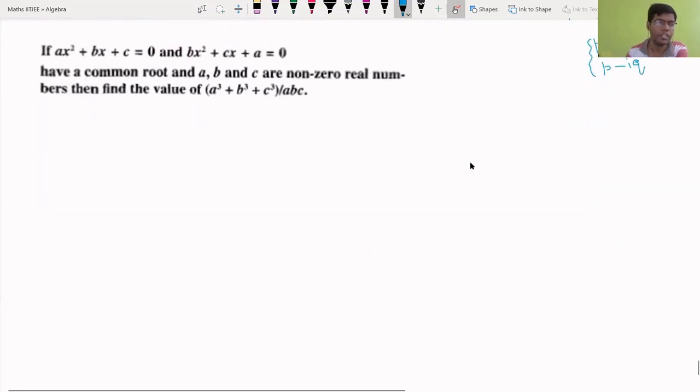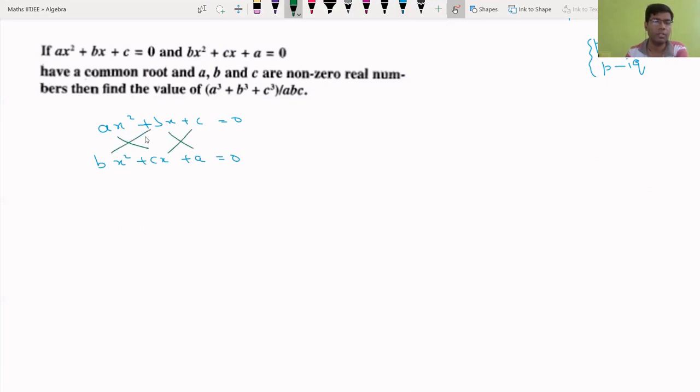Okay, so the question says if ax square plus bx plus c is equal to 0 and this particular equation have a common root and a, b, c are non-zero real numbers, then find the value of this expression. Okay, so let's write down the equations first. ax square plus bx plus c is equal to 0. bx square plus cx plus a is equal to 0. So how do we remember?